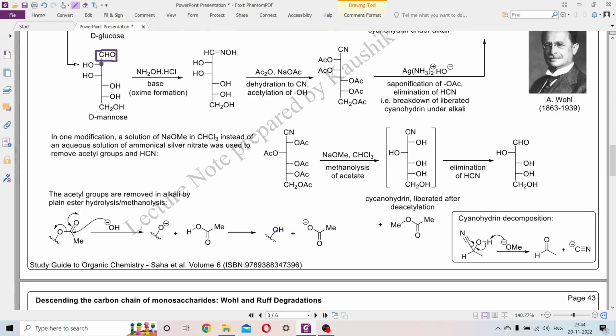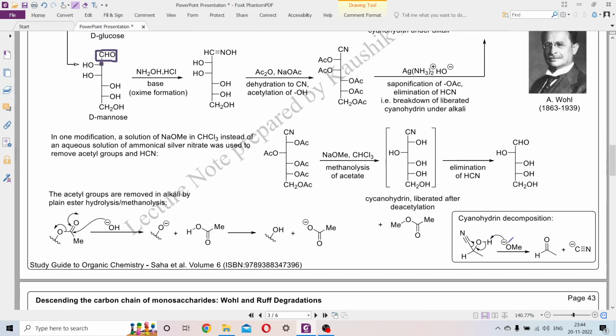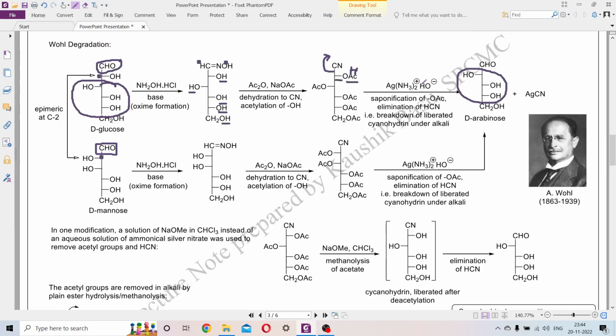That's the BAC2 pathway, and then the liberated OH will be collapsed into the corresponding CHO in the presence of this OH minus, or you can use a secondary base such as methoxide or something like that.